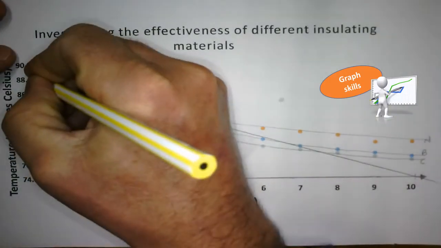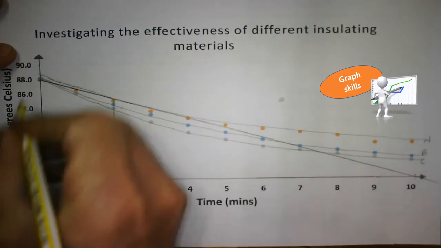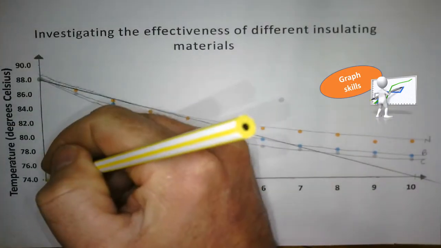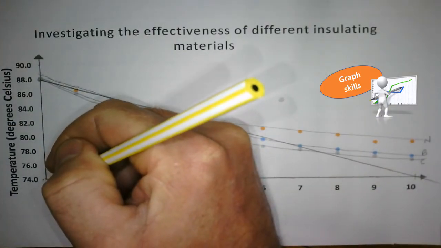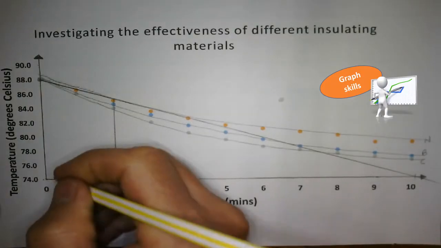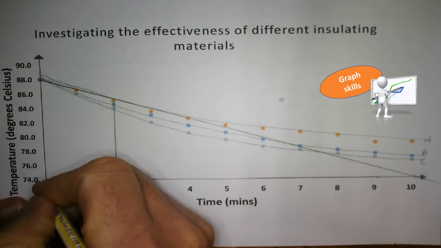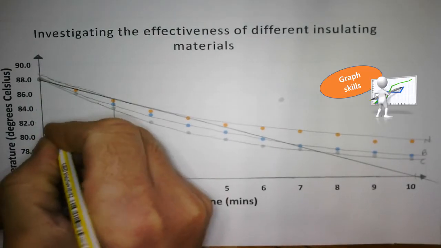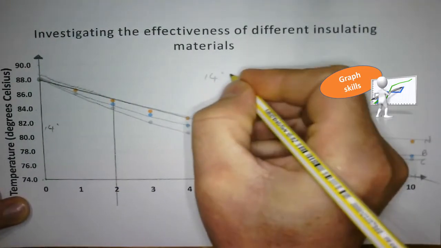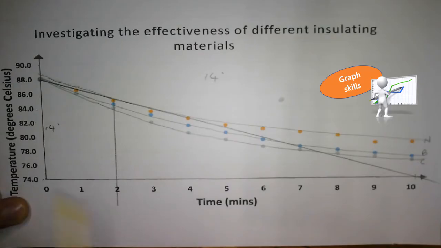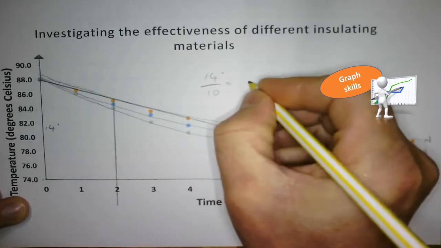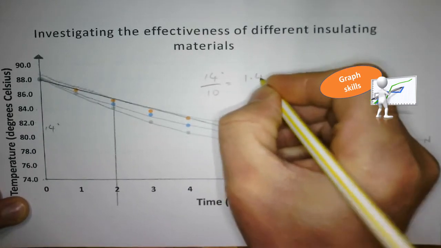So now we've got this triangle, and the gradient of that tangent that I've just drawn is going to be the change in y divided by the change in x. So the change in y is 2, 4, 6, 8, 10, 12, 14 degrees. So we've got 14 degrees divided by the change in x, which is 10 minutes. So 14 divided by 10 will give you a gradient of 1.4.